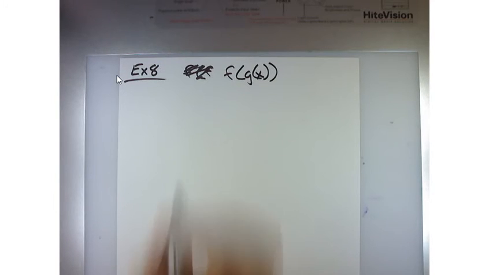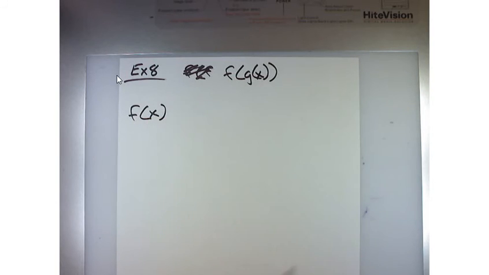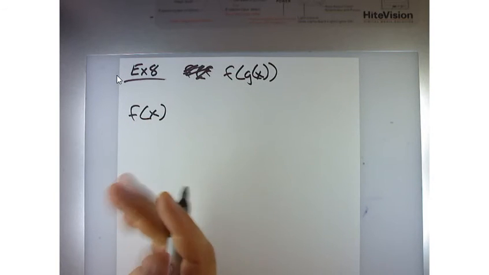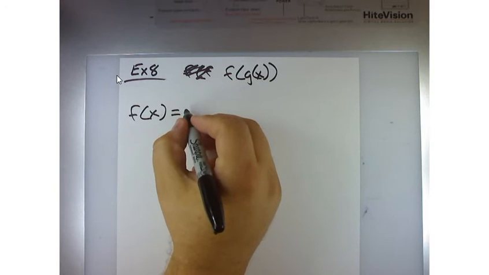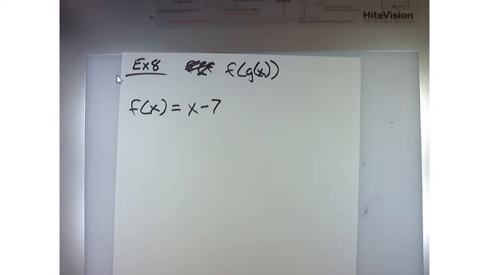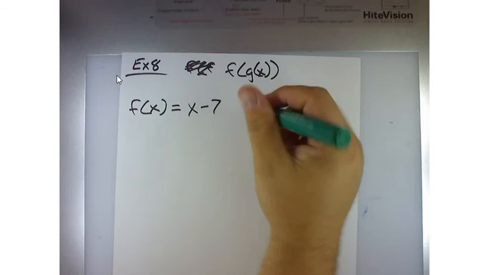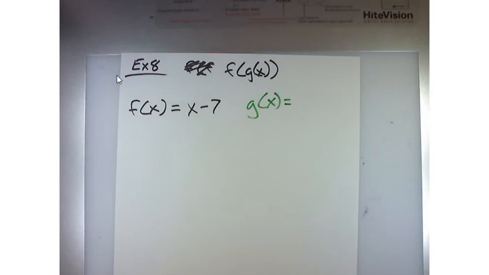So let me write down what f of x is. f of x is equal to x minus 7 in example number 8. And then I'm going to write a different color for g of x. We'll say that g of x is equal to x squared.